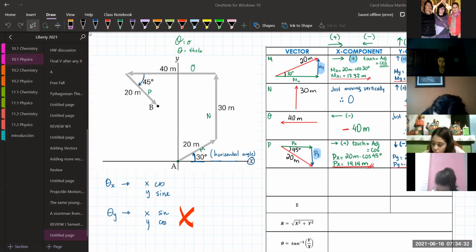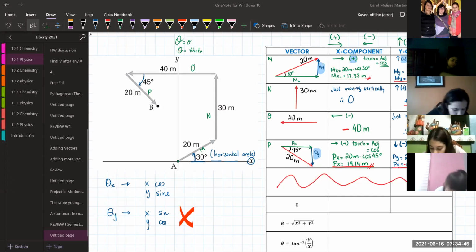We only have 4 vectors over here, so we can say that this part we're not going to use it, because we already finished with the vectors. So now all we do is we're going to add each column separately. First, I will focus on the x component.